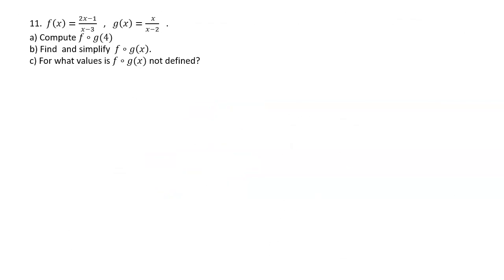11. Okay, another composition question. Compute f compose g of 4. Just take that circle, divide it into 2, and turn that into a pair of parentheses, and inside you get the g of 4. What's g of 4? g of 4 is 4 divided by 4 minus 2, which is 4 over 2, which is 2, right?